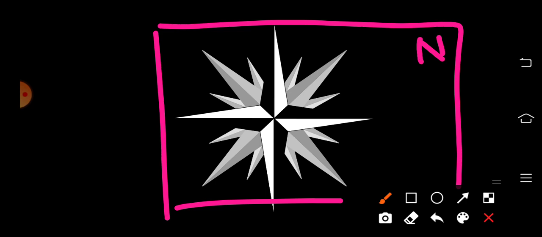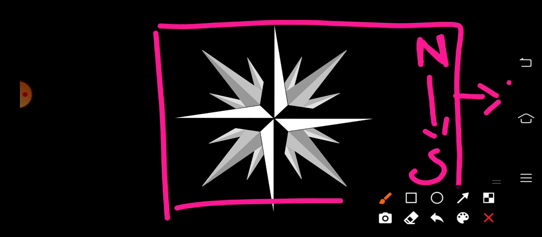That means this is the northern part, the north direction. If we know the north, we can easily find the other directions. Opposite to north, it is south, and towards the right side it is east, and towards the left side it is west. So these are the important 4 directions.